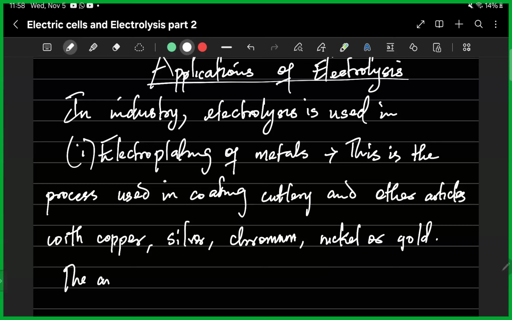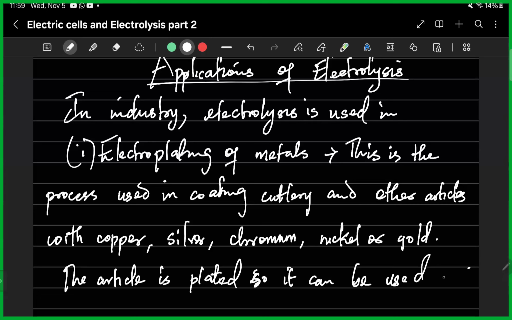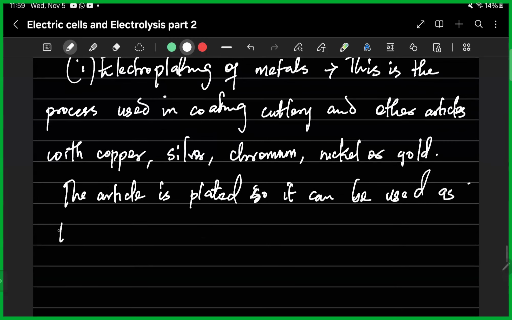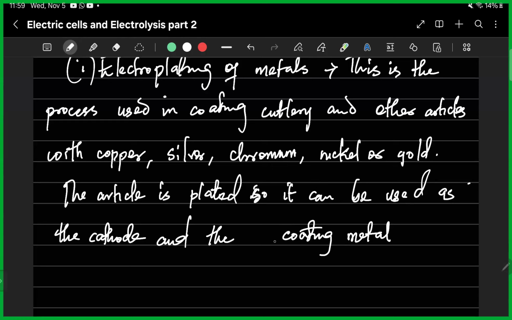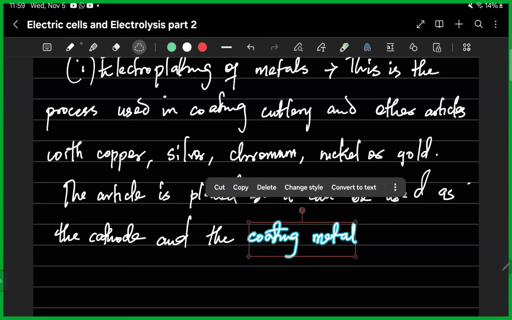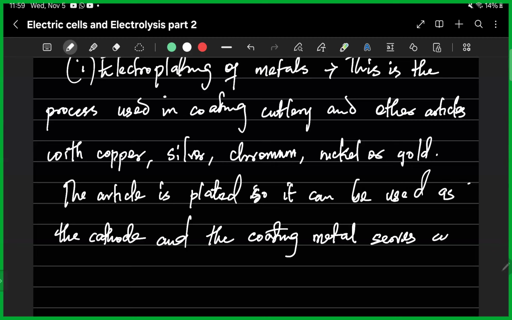How do you do it? The article is plated so it can be used as the cathode, and the coating metal serves as the anode.